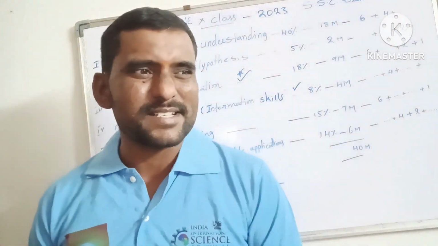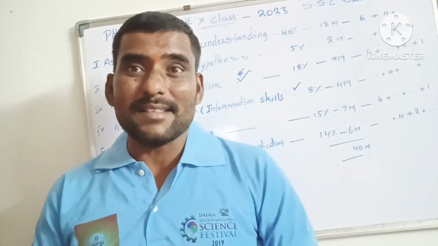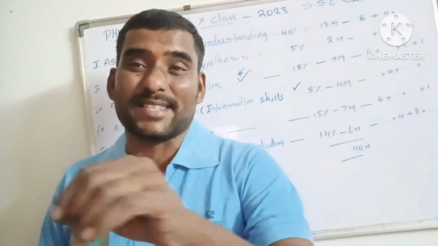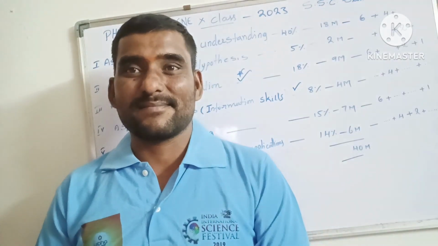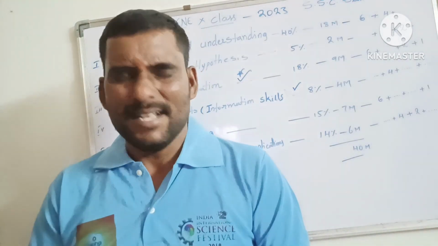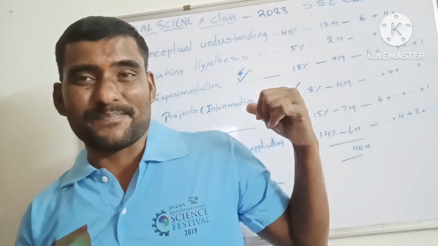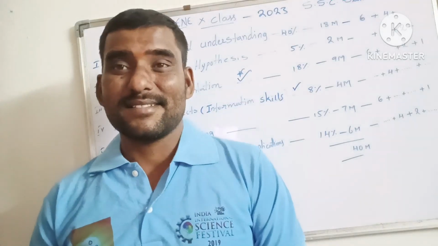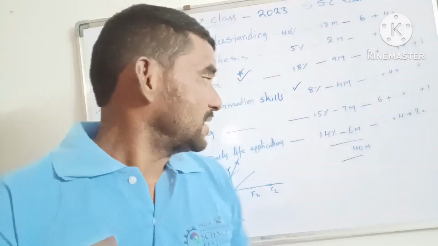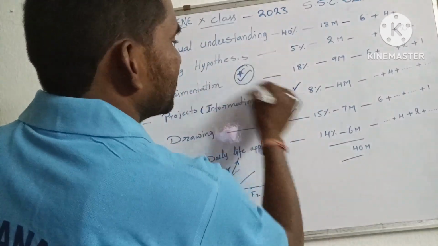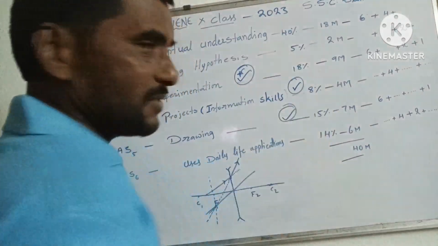Otherwise, from acids and bases, they may ask to draw the experimental setup for acids reacting with metals, zinc plus HCl. So this question is also very important. Even experiments and diagrams they are going to ask, very important. Very simple also. Everybody can get this one. Very, very easy.